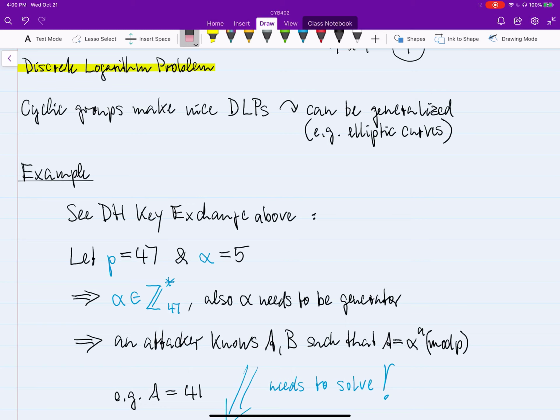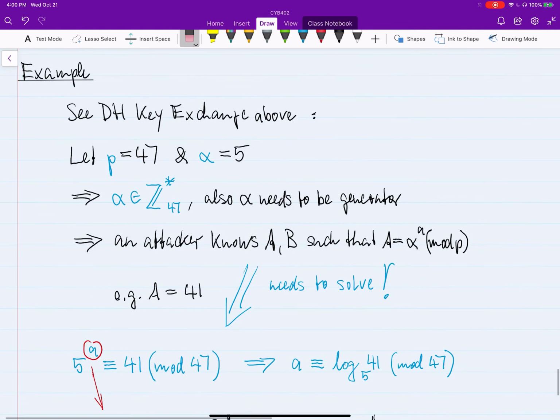But knowing the result and the alpha and the modulo reduction prime, it's still hard to figure what the small letter a is. So let's look into an example to illustrate that.